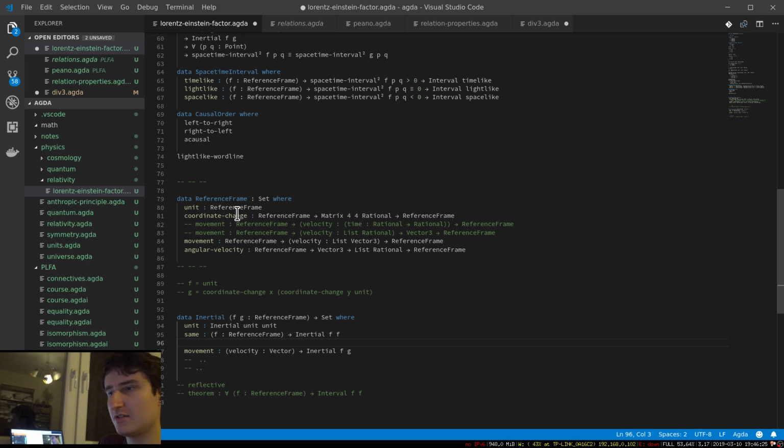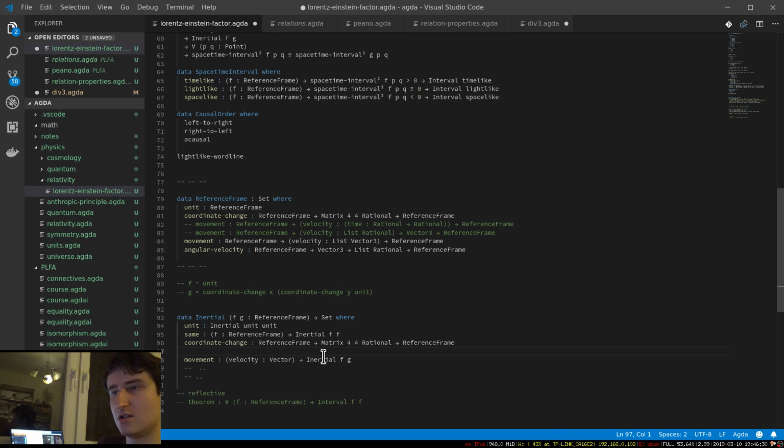And coordinate change. Given what we have in here, yes, coordinate change like this. One set of coordinates and the other set of coordinates give us that. It's inertia to have a reference frame, or just one set.